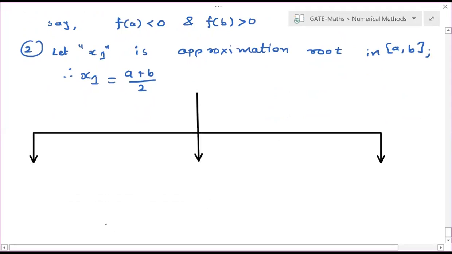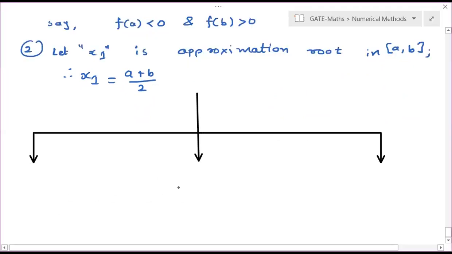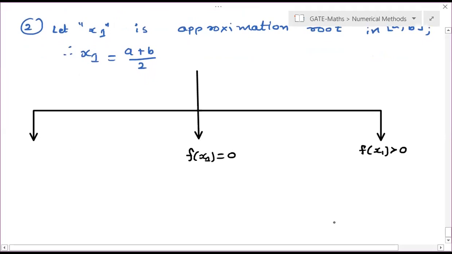If f of x1 is greater than 0, then your next root will lie in the interval a to x1.